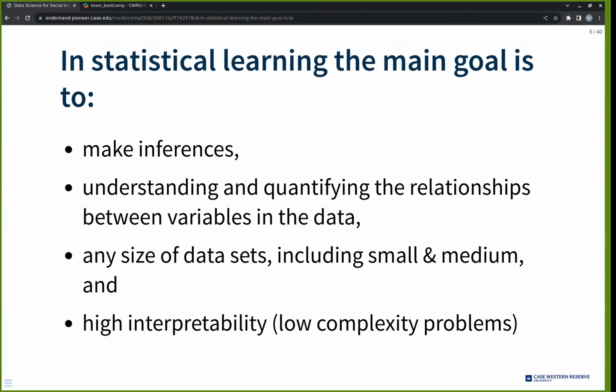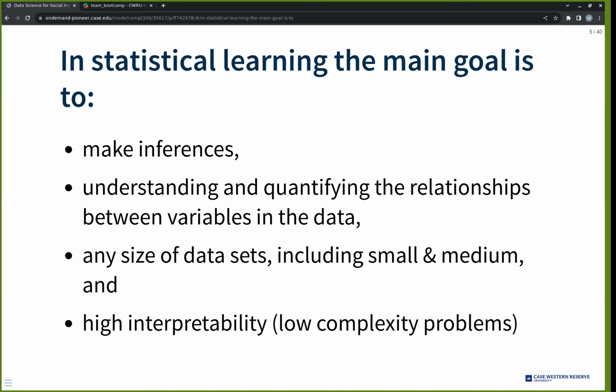We will do statistical learning in this module. The main goal of statistical learning is to make inferences and to understand relationships between different variables. If you want to understand the relationship between a predictor and a response explicitly, that's where you do statistical learning.